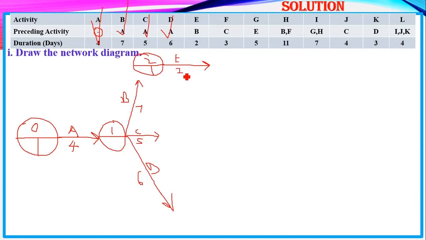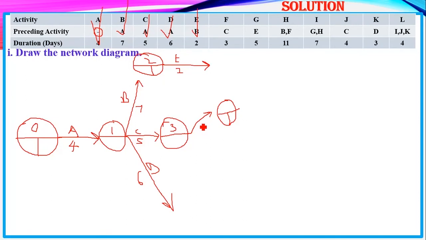It is taking 2 days. We are done with that. Then C is preceding F. So we have an event here, we call it event number 3, and it is preceding F. So we can have something like that.